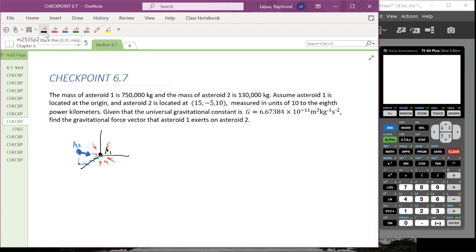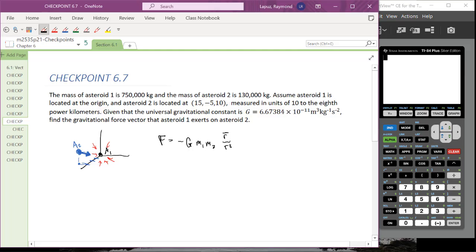Okay, so we have to be careful with playing around with the units here. Let's start with our formula. Newton's formula says that the force is equal to the negative universal gravitational constant times the mass of the first and mass of the second, times the distance between the two asteroids divided by the magnitude of the distance cubed.